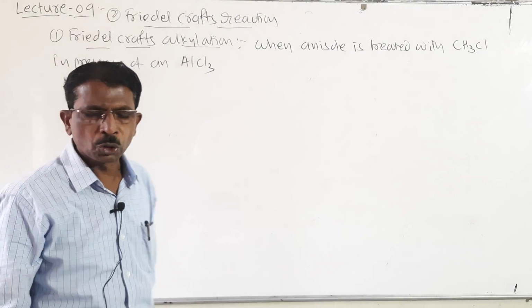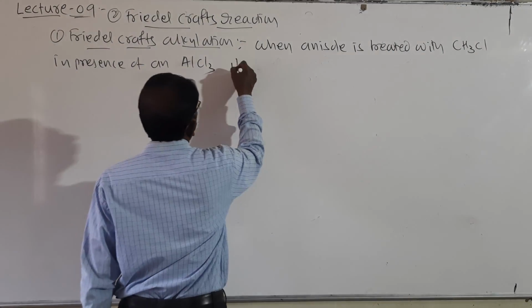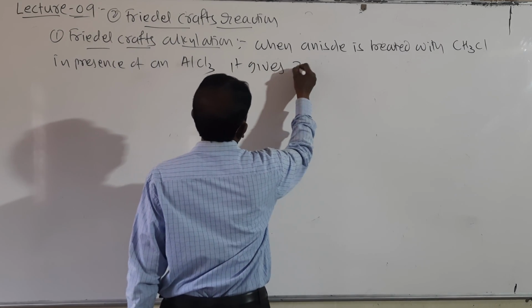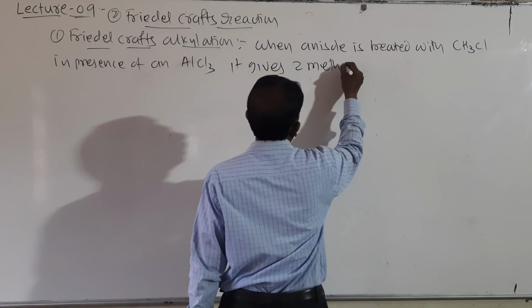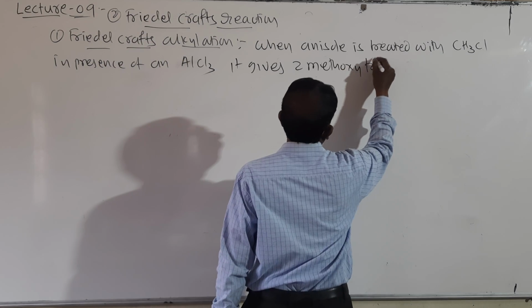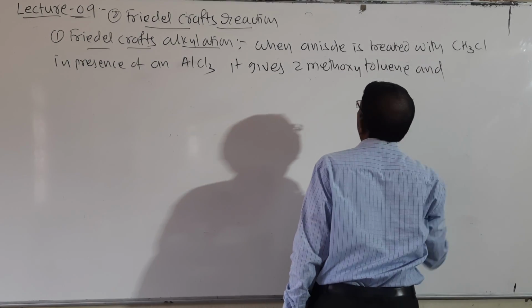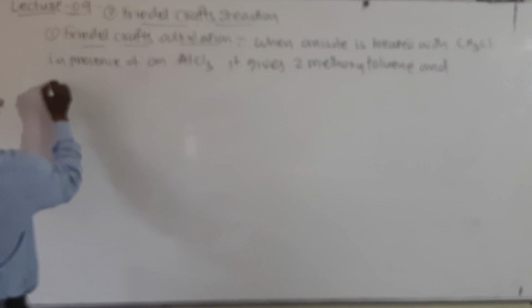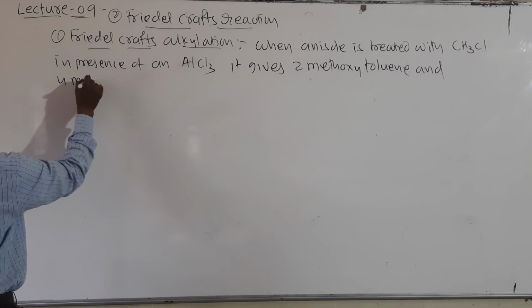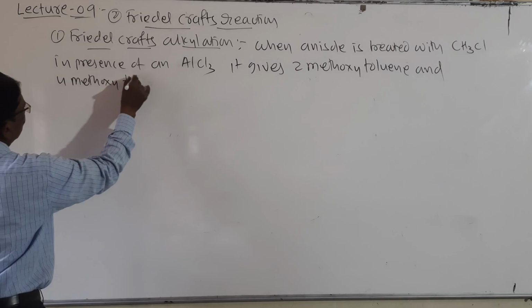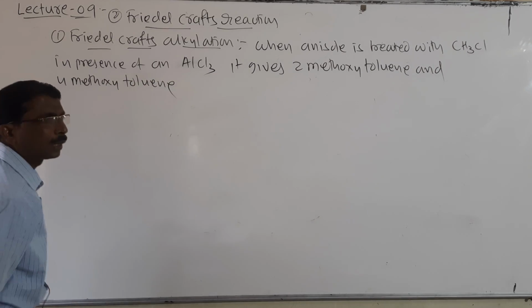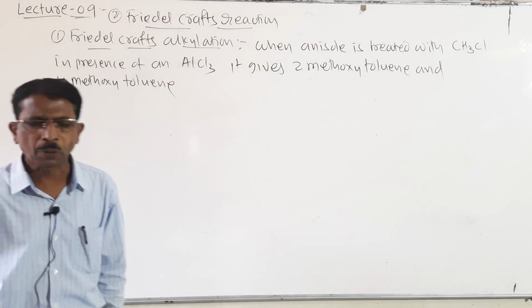So it gives 2-methoxytoluene and 4-methoxytoluene, that is ortho and para product.